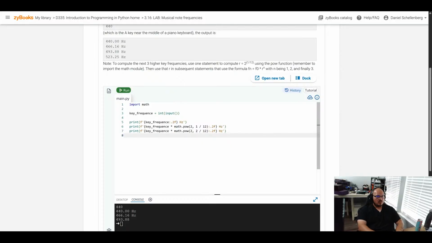And the last one will be key frequency times math.pow, okay, so 2, and then 3 divided by 12.